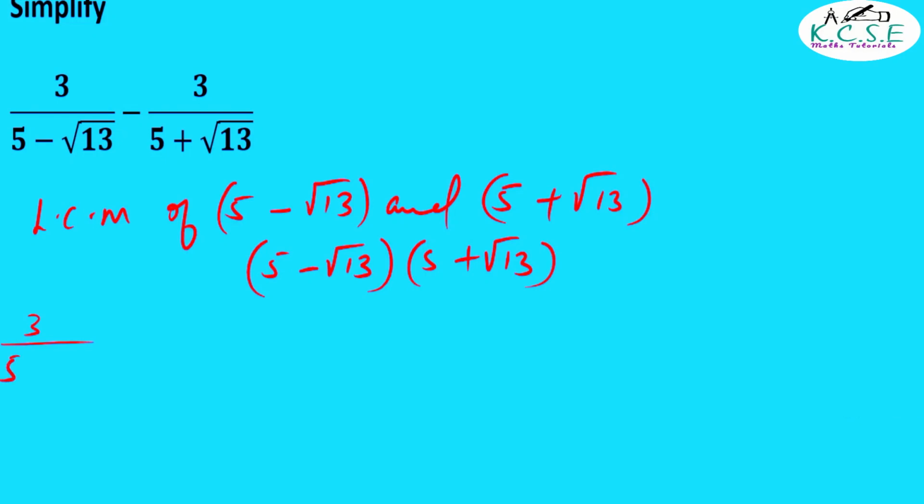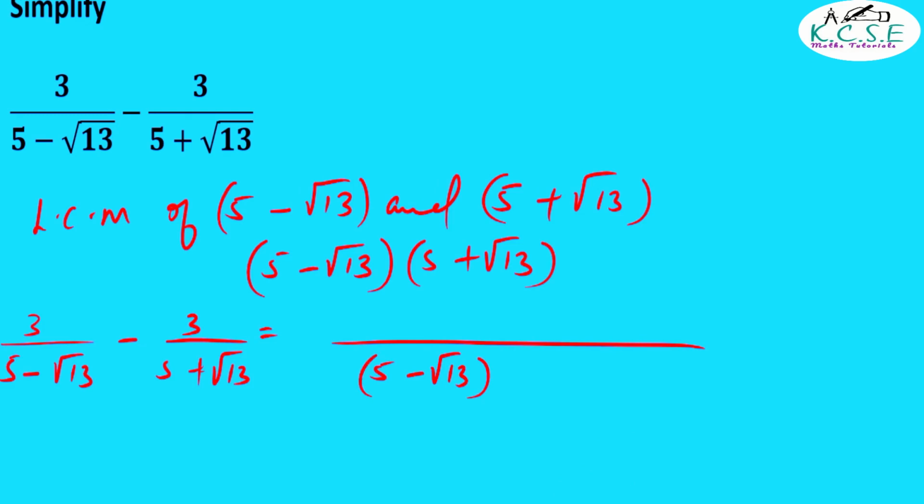3 divided by 5 minus root 13, subtract 3 over 5 plus root 13. So we get the LCM, which is 5 minus root 13 times 5 plus root 13.